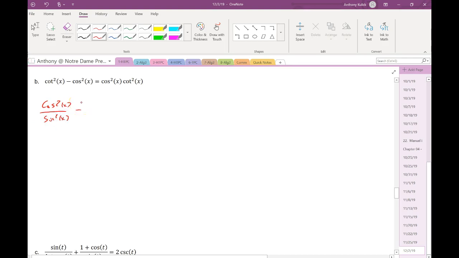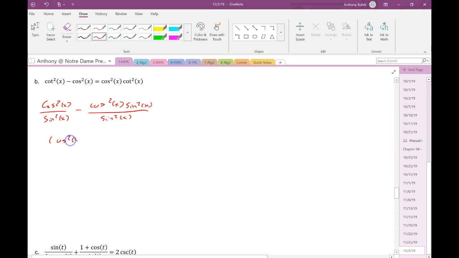And if I'm going to do that, I should make a common denominator with the other one, right? So I'll multiply that by sine squared over sine squared. Everybody so far so good?